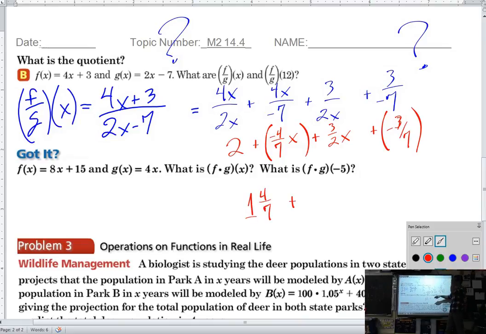What was my answer yesterday? It was negative 8 plus 21, a positive 13/14 x. This is not what we want to work with, and this won't get you the right answer. We got 3, because when we plugged in 12, we got 3. Pretty easy to find when we plugged in 12.